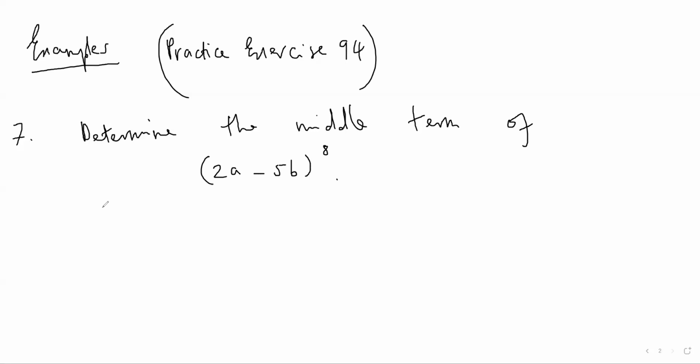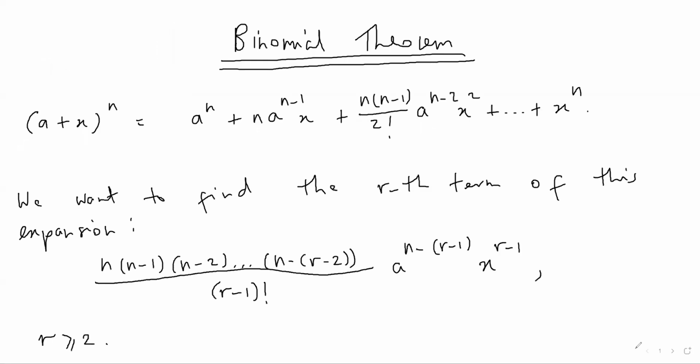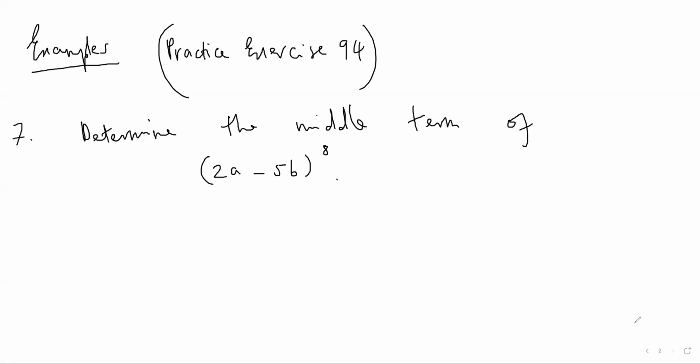Okay, so first of all, let's look at the formula. So this is the formula here. In this case, we've got 2a minus 5b to the power 8. We want the middle term. First, we need to know which term is the middle term.